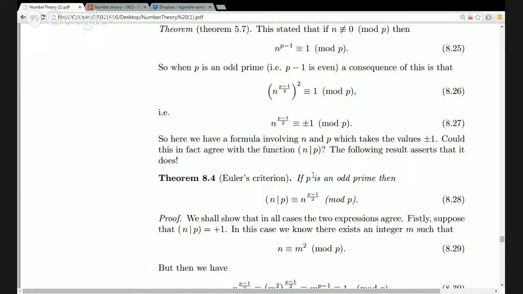So now we're going to settle what -1 is. Is -1 a square modulo p? Another way to think about this is p minus 1 mod p: -1 is congruent to p minus 1. Well, you can see it's a really nice result, and we can just discover it. It's just a simple application of Euler's criterion. So by Euler's criterion, the Legendre symbol of -1 mod p is just congruent to -1 to the p minus 1 over 2.